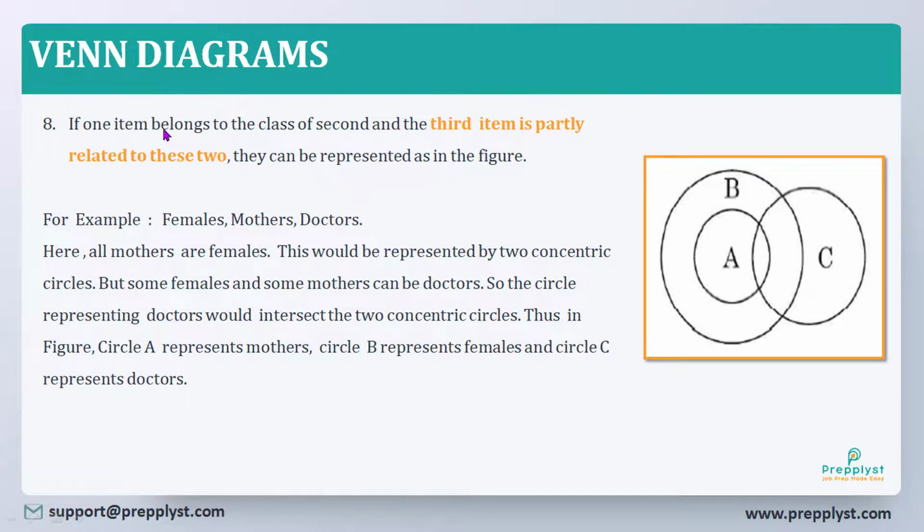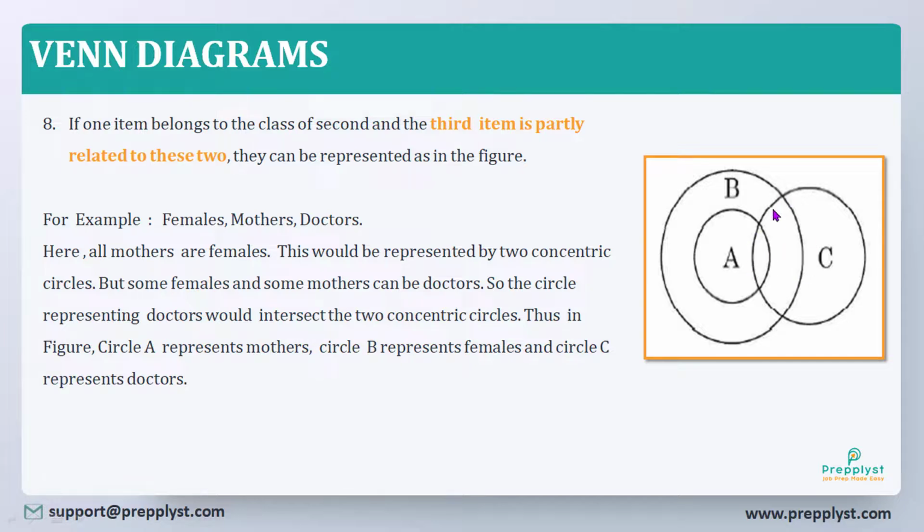Now let's look at this. If one item belongs to the class of the second and third item is partly related to these two, they can be represented as, for example, if you have females, mothers, and doctors. So as you can see, A is a circle that represents mothers, and all mothers are females. So the circle B represents females. But there are some females who could be doctors, and there are some mothers who could be doctors.